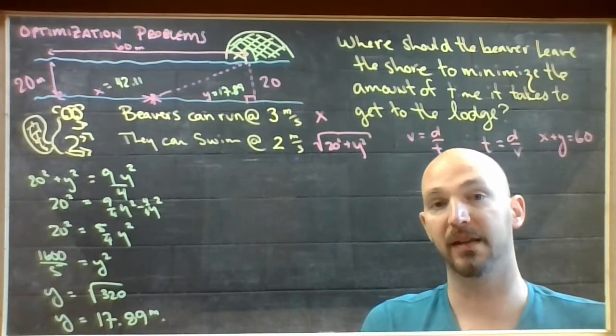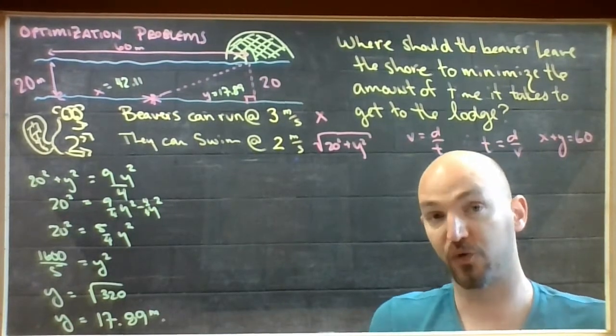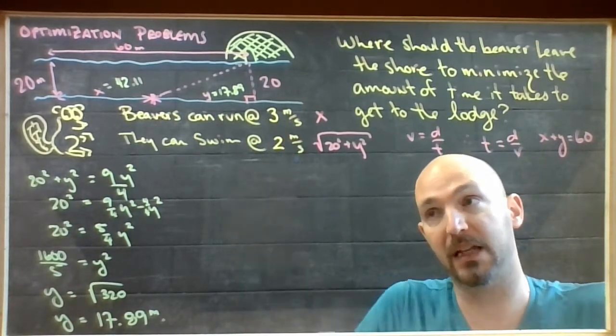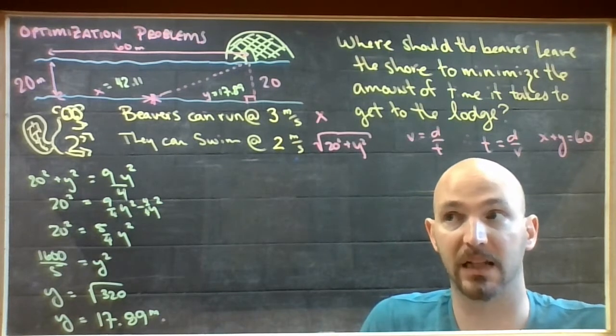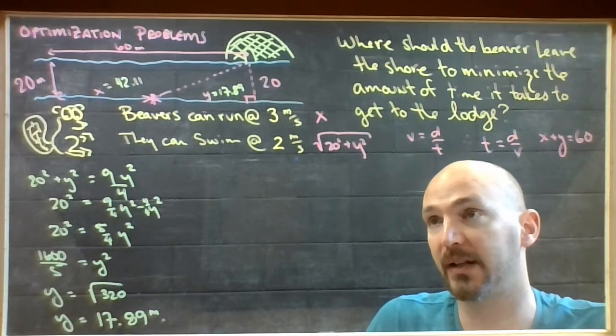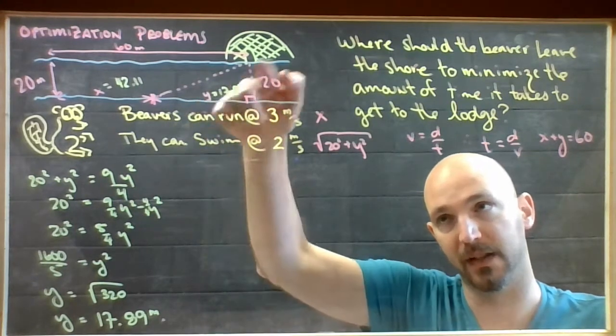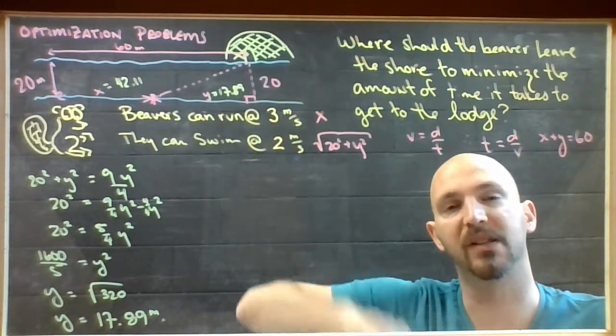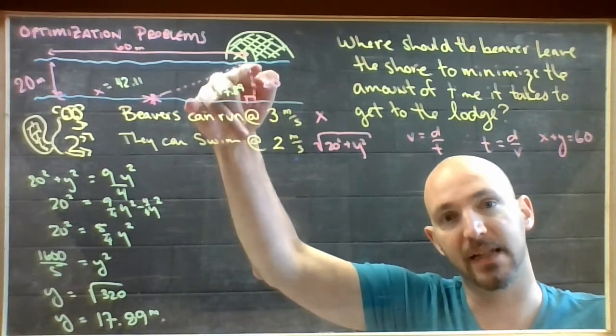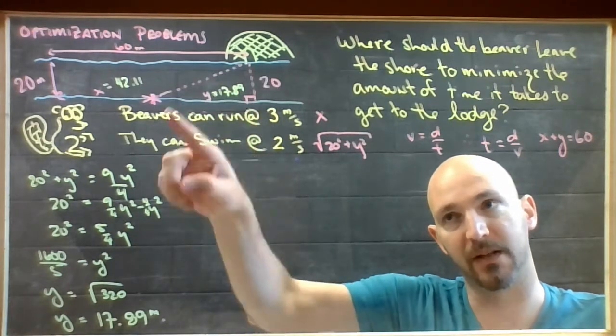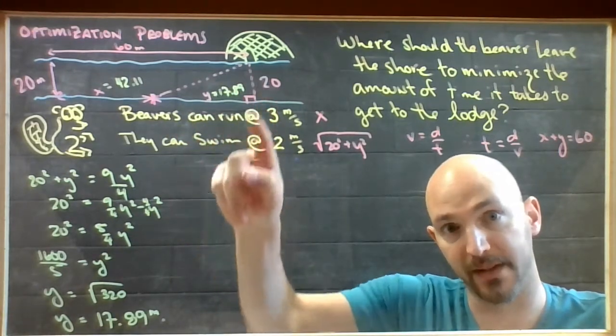So this particular beaver should run at its faster speed for 42 meters and 11 centimeters. At that point, it should dive into the water and it should go straight for its lodge, because even though it can swim more slowly, that distance is shorter than the amount of time it would take to go along the legs of this triangle.